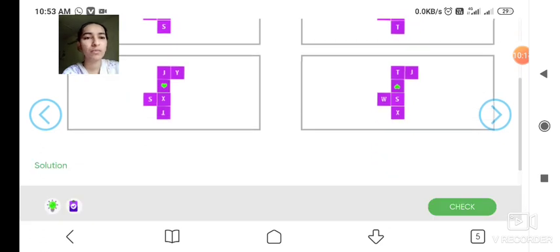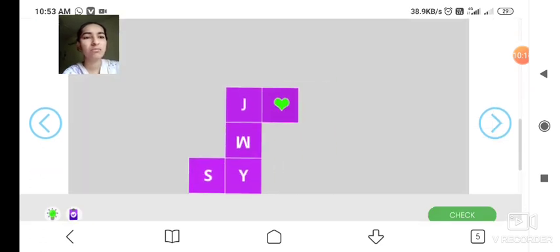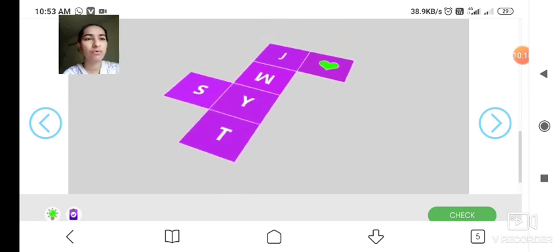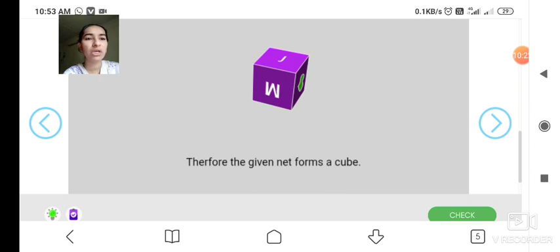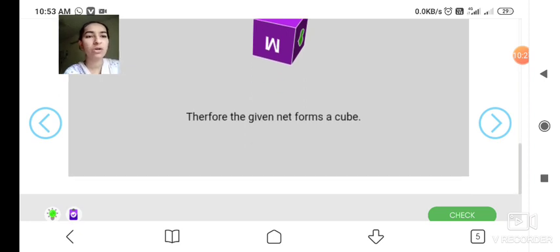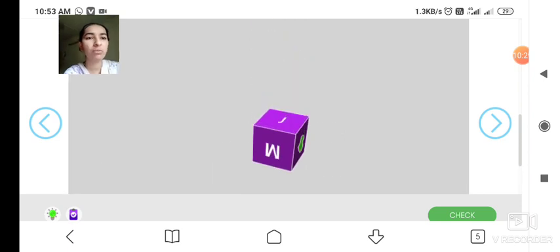Okay, let's see. Now if a net is like this, if we fold that, we will get the given cube. Okay, so therefore the given net for that will be which one?